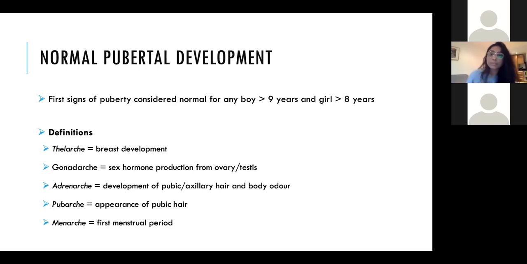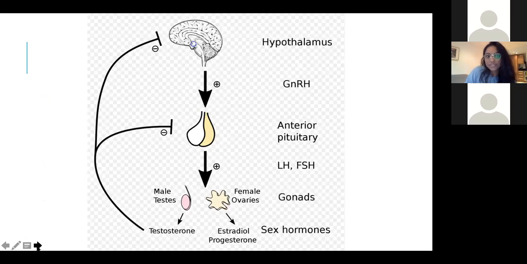And puberty is basically when the hypothalamic pituitary axis is activated. I'm sure you are very familiar with this diagram.